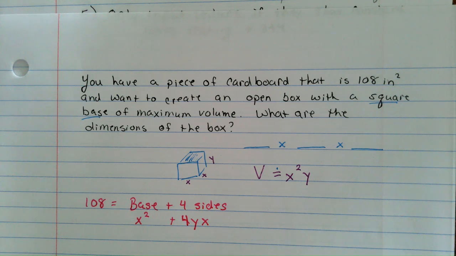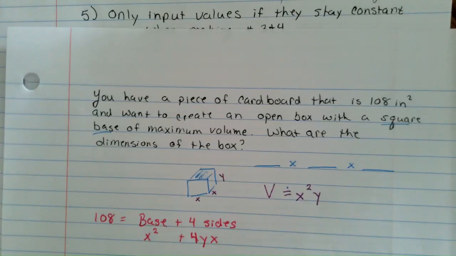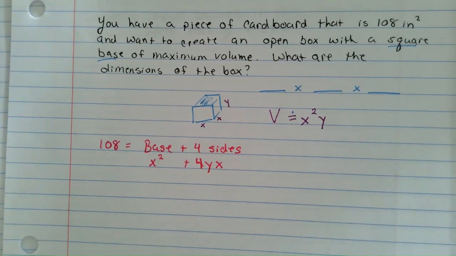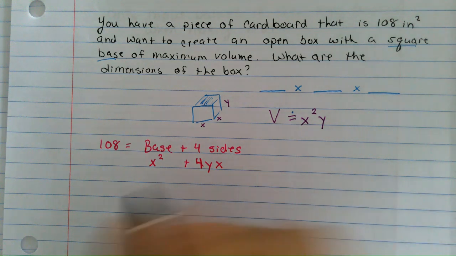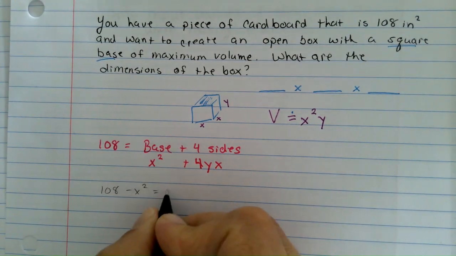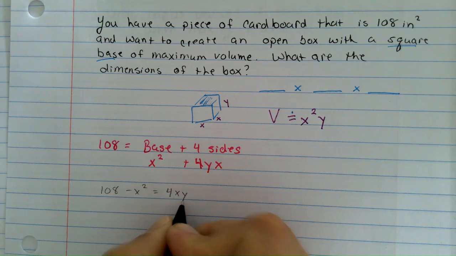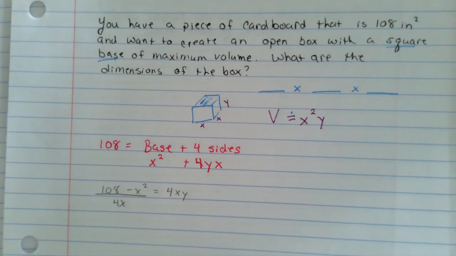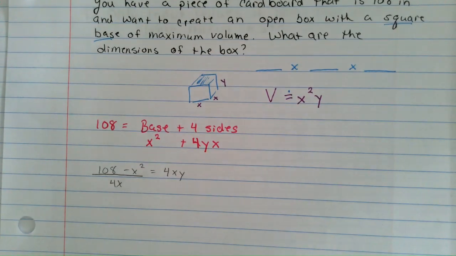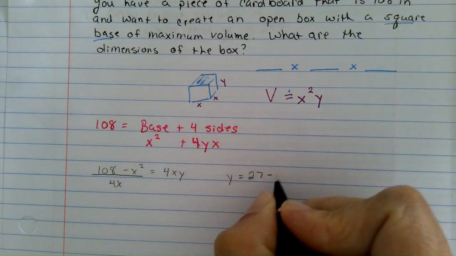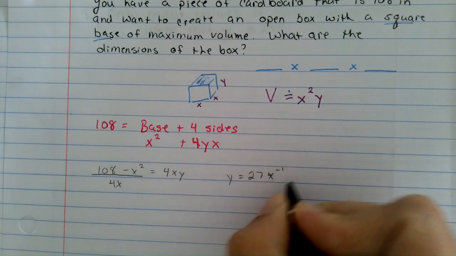Okay, I can solve for y here. No worries. And the 108 got to stay in there because it's consistent, right? So 108 minus x squared equals 4xy. So divide by 4x. Okay, 108 divided by 4 is 27, minus x to the negative 1, right?